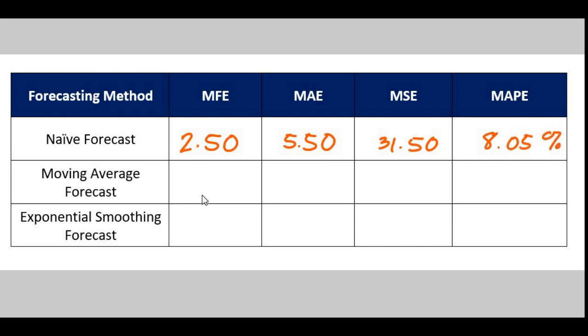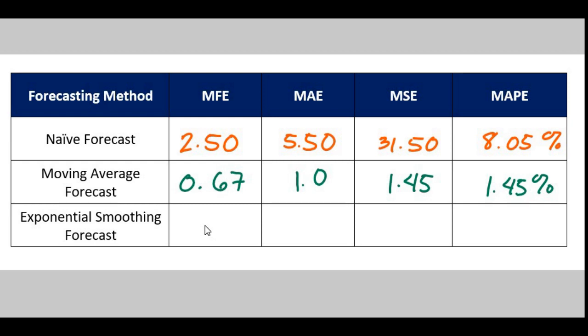For the moving average, we got 0.67, 1.0, 1.45, and 1.45%.